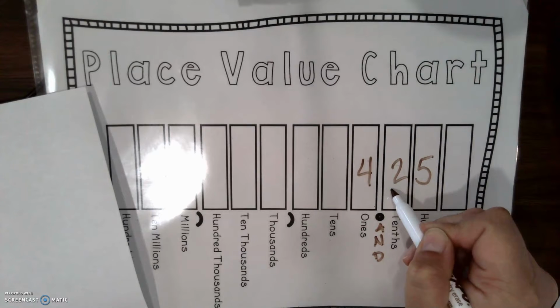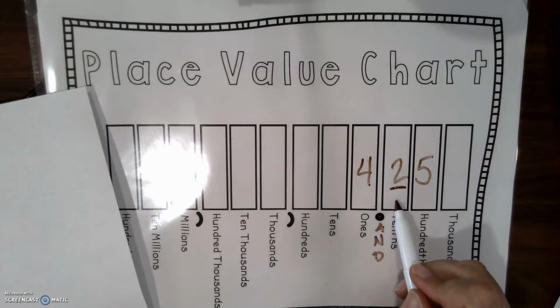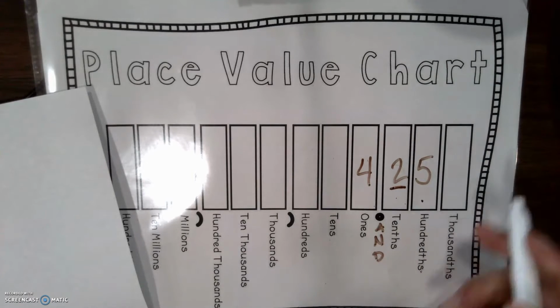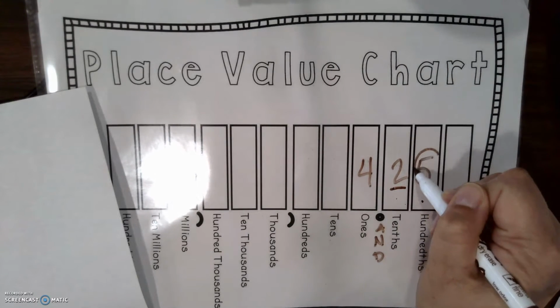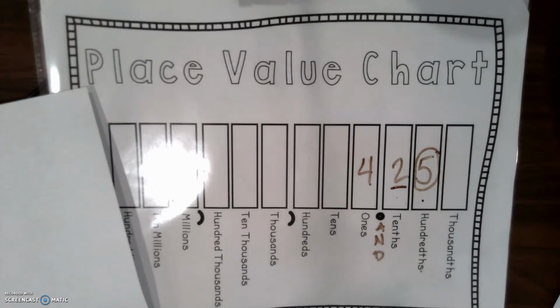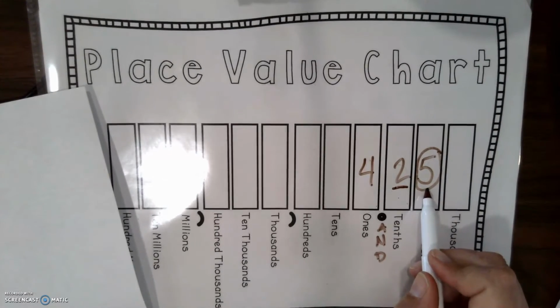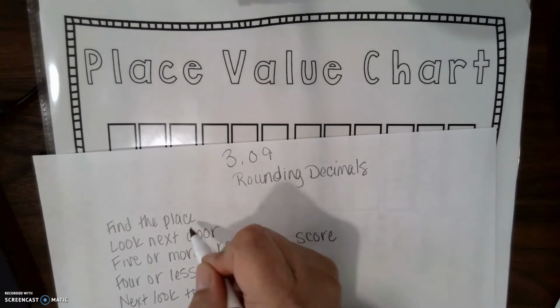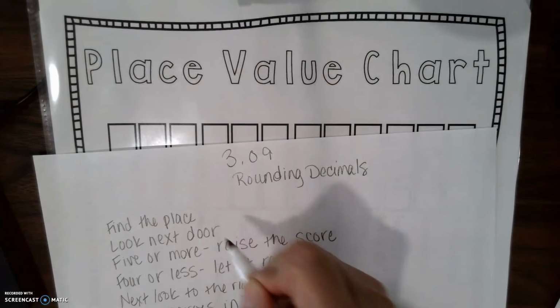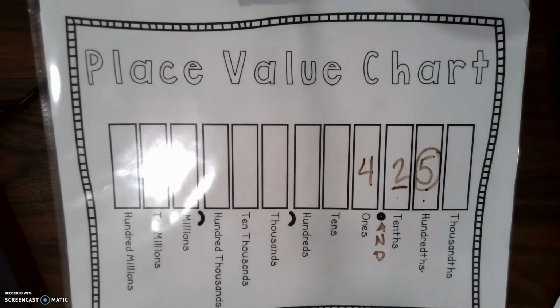So find the place, I'm going to underline my place, and then we look next door, okay? So I'm going to circle next door, just so I know where I'm looking. Find the place, look next door. Okay, so I've done that. 5 or more, we raise the score.